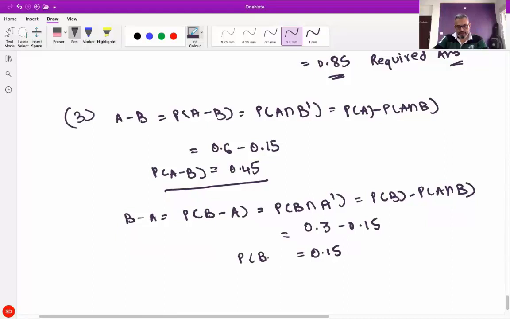Probability of B minus A is 0.15. Please write this.